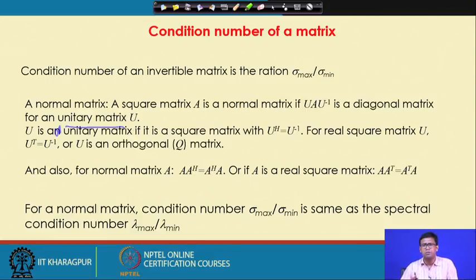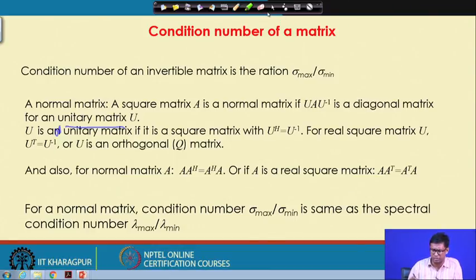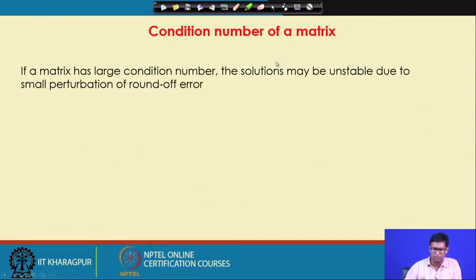And we will very quickly check the importance of having a high spectral condition number or a low spectral condition number of a matrix, or a high condition number or a low condition number. If a matrix has a large condition number, the solution may be unstable due to small perturbation or round off error.